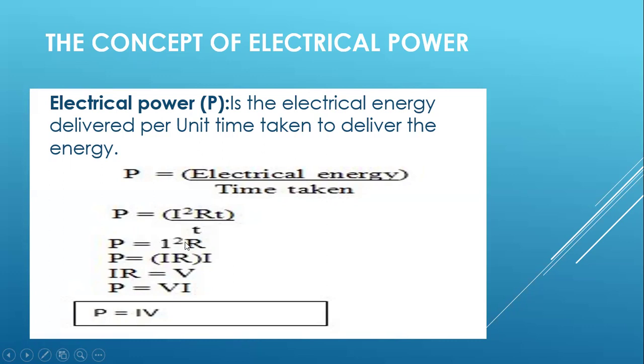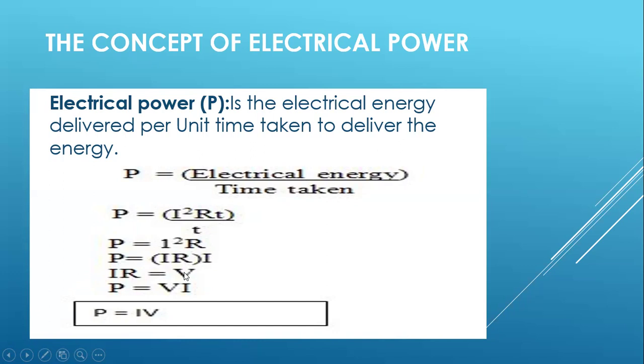Now, you know that if you extend that, I square R will just be equal to power equals IR multiplied by I. You can return it by multiplying this I inside the bracket, and you get I square R. Now, IR is just voltage.